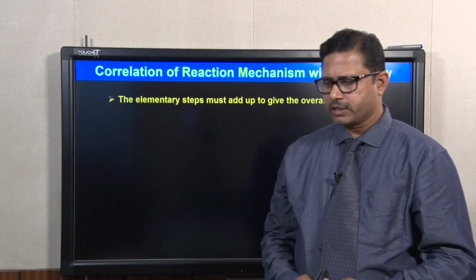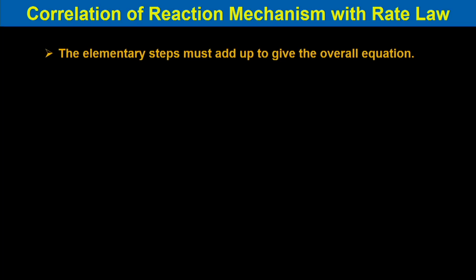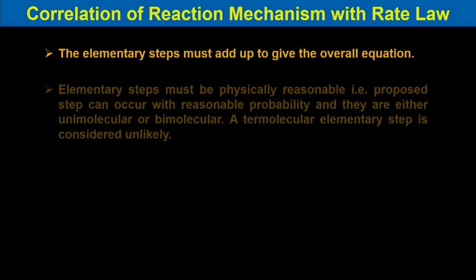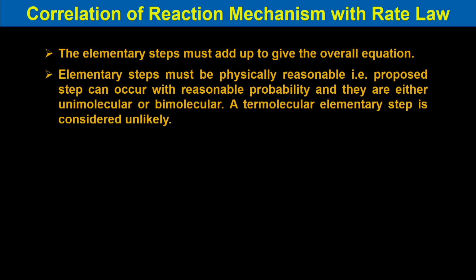So, there is a correlation between the reaction mechanism and the rate law. The elementary steps must add up to give the overall equation, and also elementary steps must be physically reasonable, that is, a proposed step can occur with reasonable probability, so that they are either unimolecular or bimolecular.